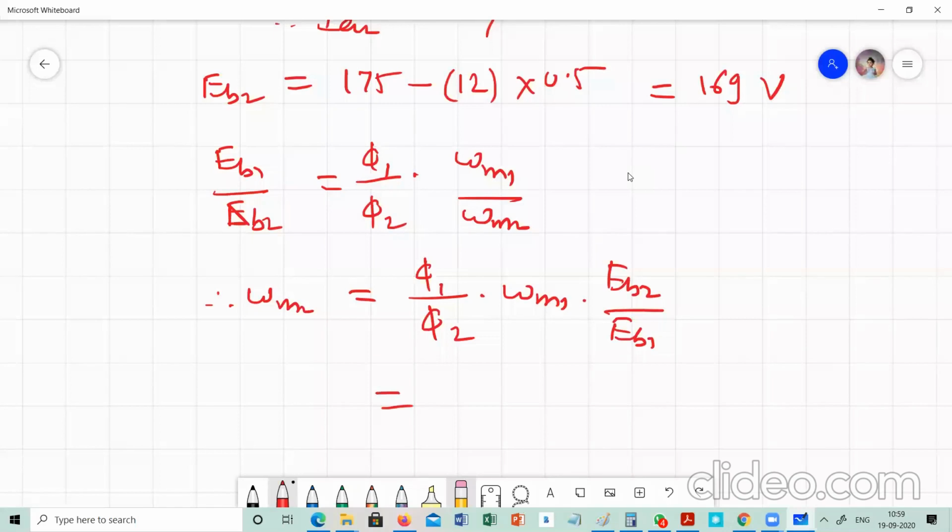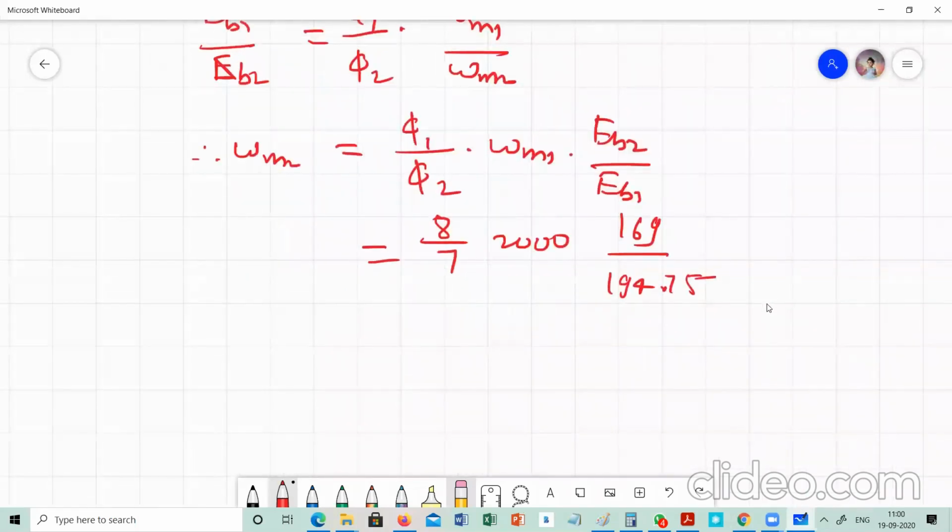Phi1 by phi2 is equal to 8 by 7, omega m1 was 2000 rpm, and EB2 is 169, divided by EB1 which was 194.75. So omega m2 is 1983.49 rpm.